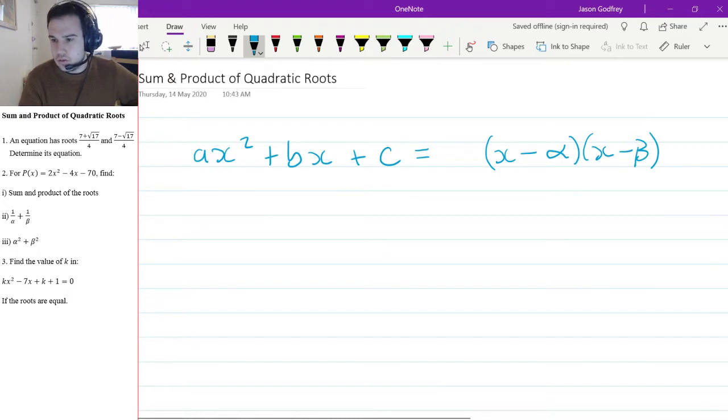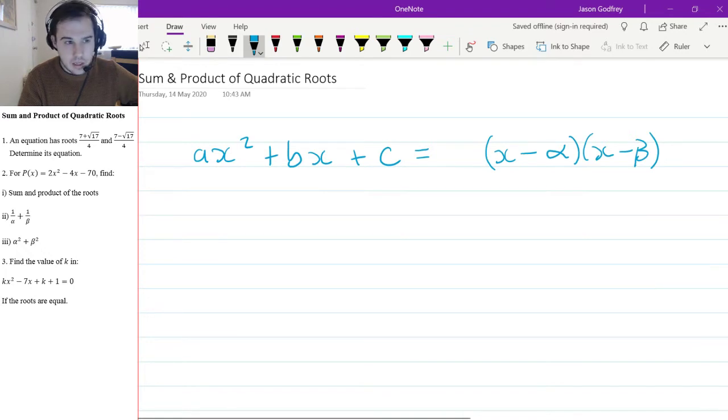So if you set this expression equal to 0, then when x equals alpha it gives you 0, and when x equals beta it gives you 0 as well. But if you expand this out, you'd get x times x, which is only x squared, which is monic.